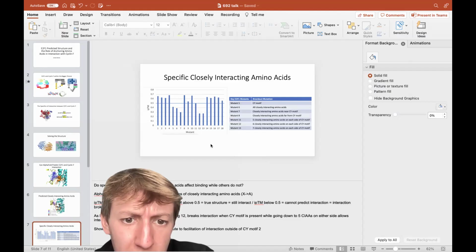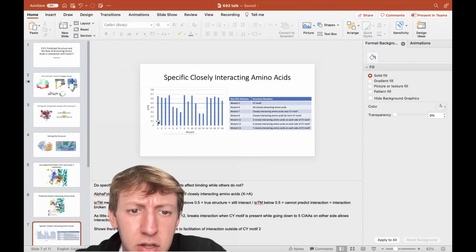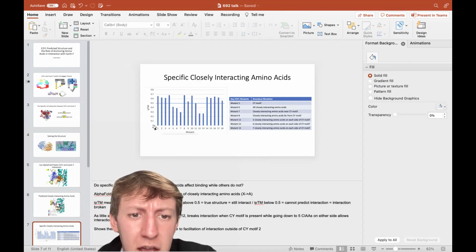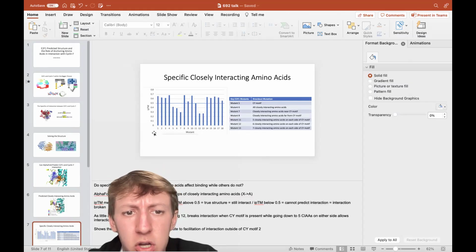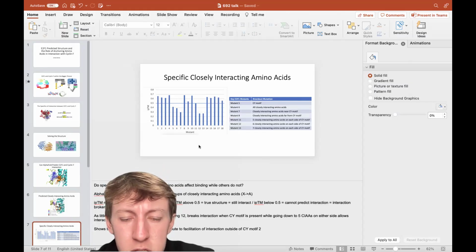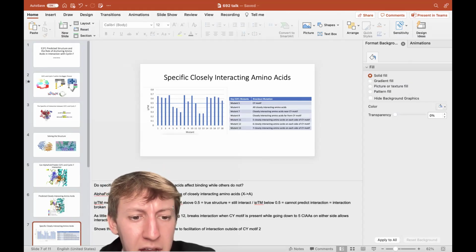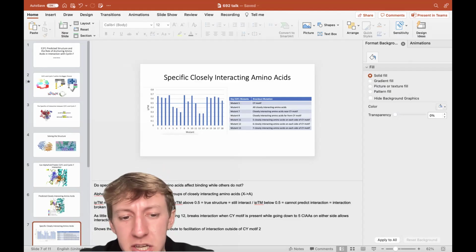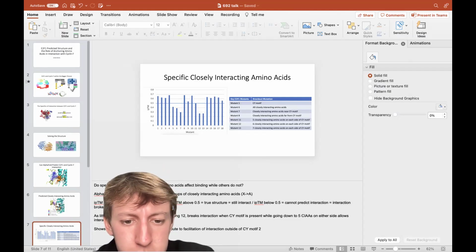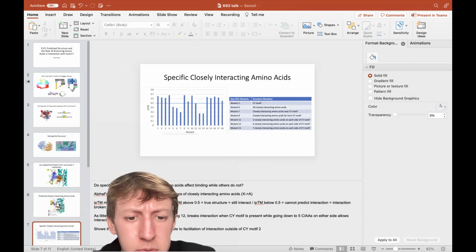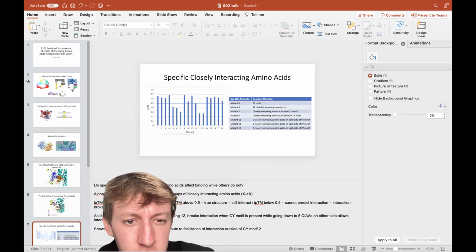And so on the graph on the left, you can see the y-axis shows IPTM scores, or confidence score, and the x-axis shows which mutant is being tested. An IPTM score, as previously stated, measures whether the structure is likely to be true or not. It's generally accepted that an IPTM score at or above 0.5 is a true structure.